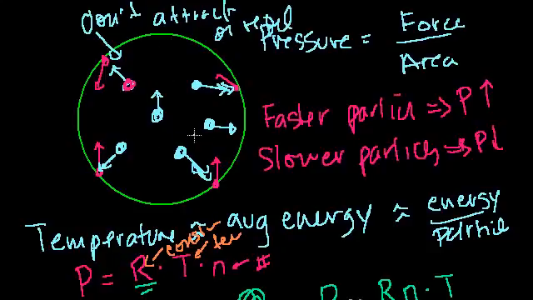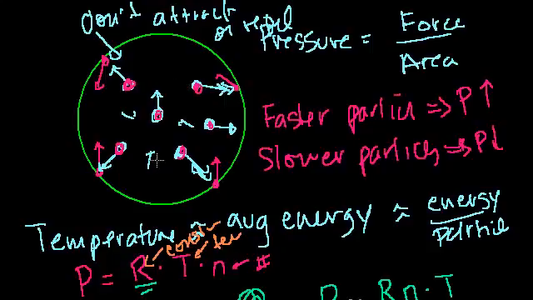Then as you increased the number of particles, maybe they'd want to not go to the side. Maybe they'd all gravitate towards the center a little bit more if they did attract each other. And if they did that, they would bounce into the walls less, and the pressure would be a little bit lower. So we're assuming that they don't attract or repel each other. And we're also assuming that the actual volume of the individual particles are inconsequential, which is a pretty good assumption because they're pretty small.